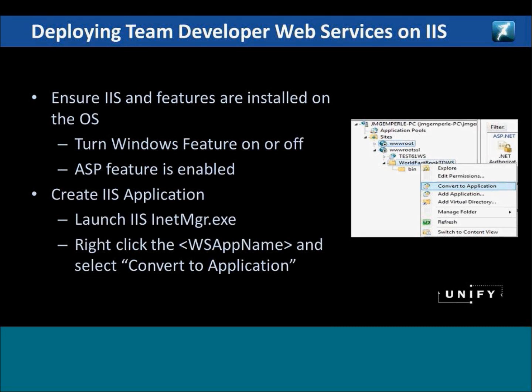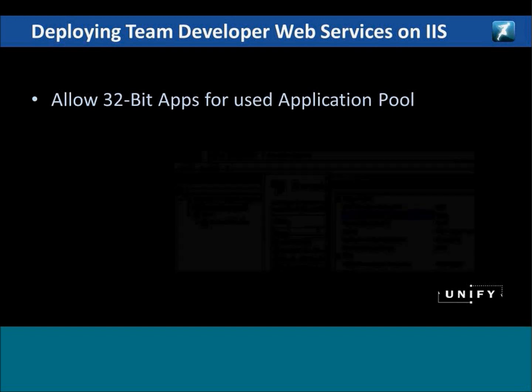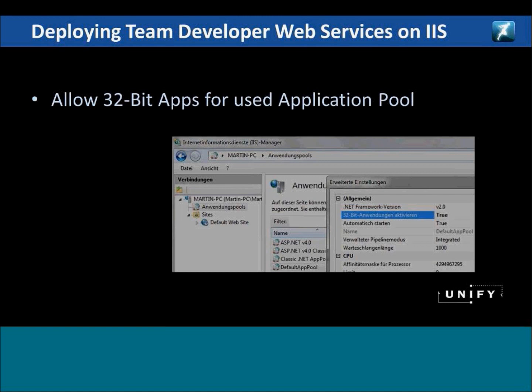So then create the IIS application, and I will do all that for you in a minute. And then something new. When we had TD 6.1 in beta test, this step wasn't needed, and at some point Microsoft deployed a service pack or patch for IIS, and this patch required a new setting for you to enable, which is allow 32-bit apps.